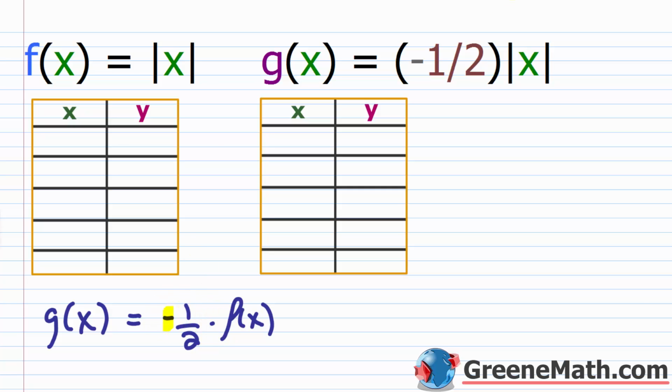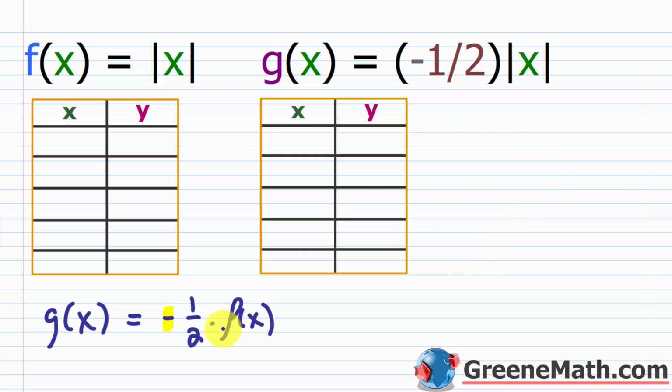If I had a negative and no 1/2, this is a reflection across the x-axis. But now that I put this 1/2 in here, I know I am vertically compressing this, and that just means you're moving towards the x-axis. That doesn't necessarily mean moving from the top towards the x-axis. It could also mean I'm moving from the bottom, coming up towards the x-axis. Either way is appropriate for that definition.